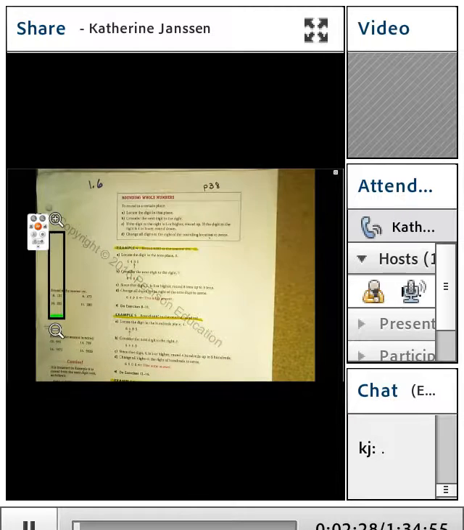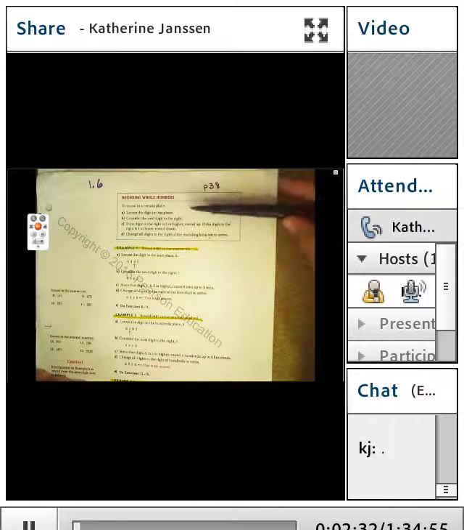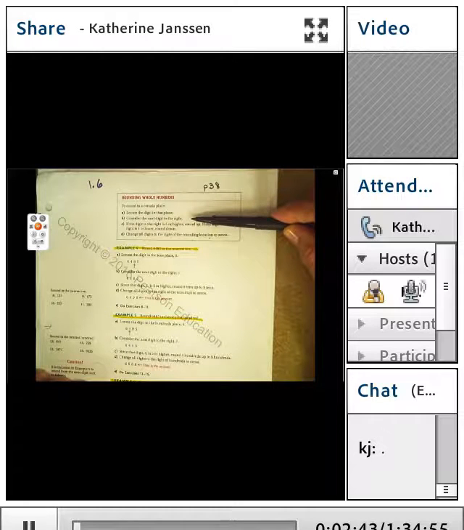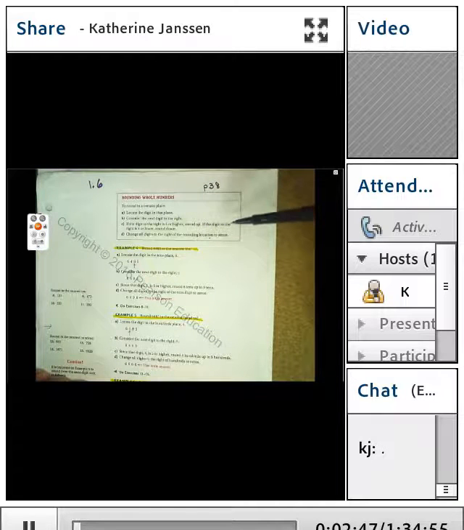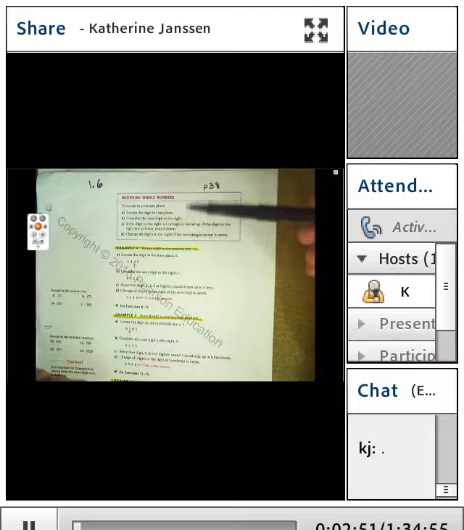So the process of rounding a number: to round a number to a certain place value, locate the digit in the place in question. Consider the next digit to the right. If the digit to the right is 5 or higher, we're going to round up. If the digit to the right is 4 or lower, we round down. Change all digits to the right of the rounding location to 0.